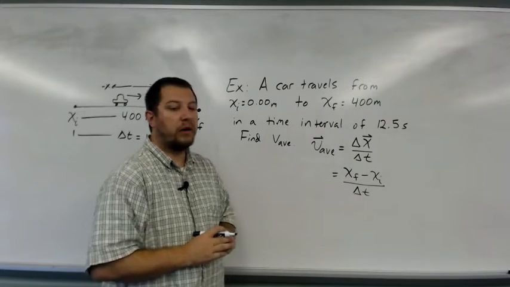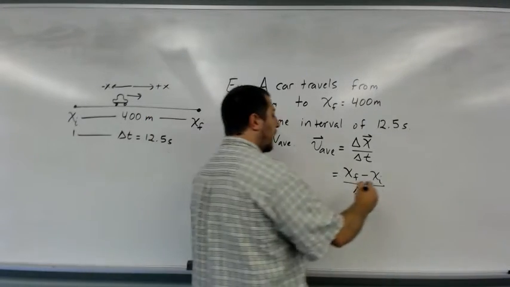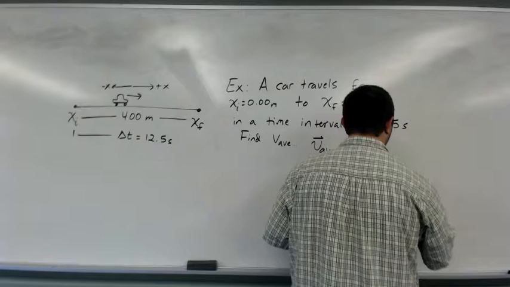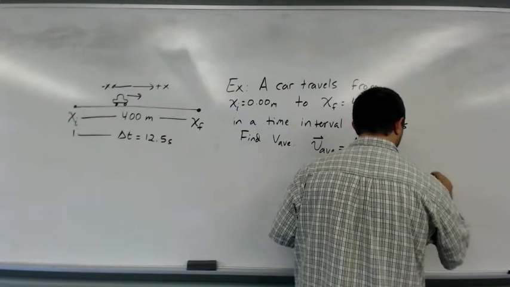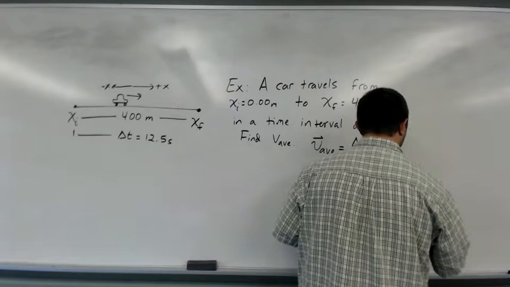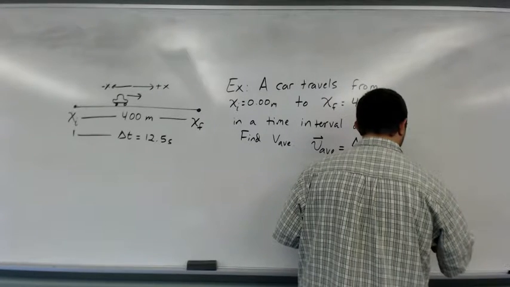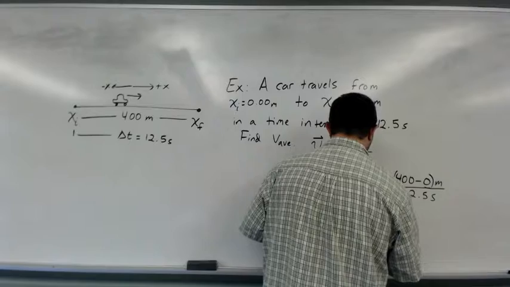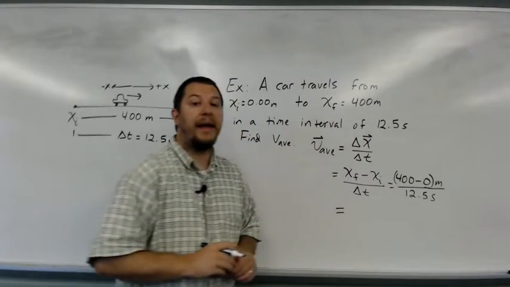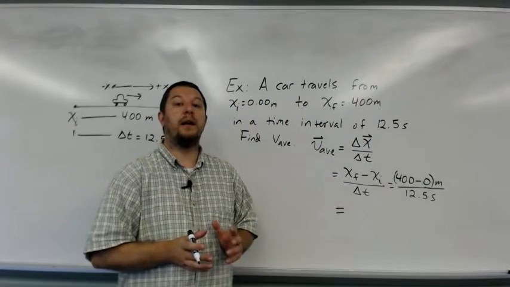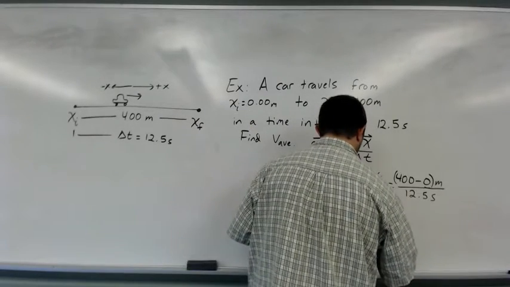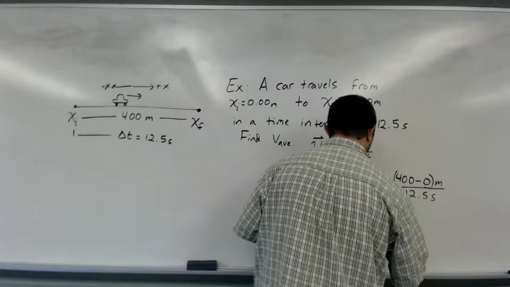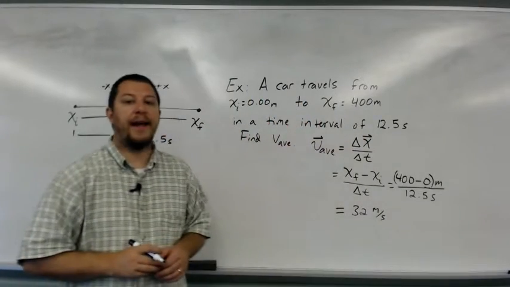And so we're going to now plug in our numbers, and when we do so, we'll get 400 minus 0 meters over 12.5 seconds. And if you run that number, you'll find that the average is 32 meters per second is the average speed.